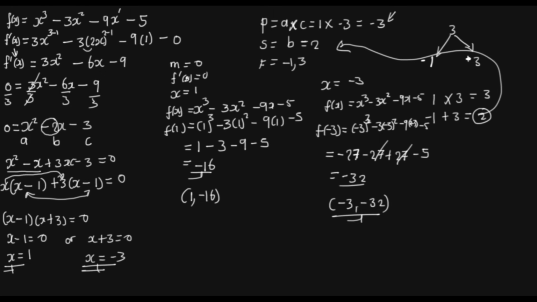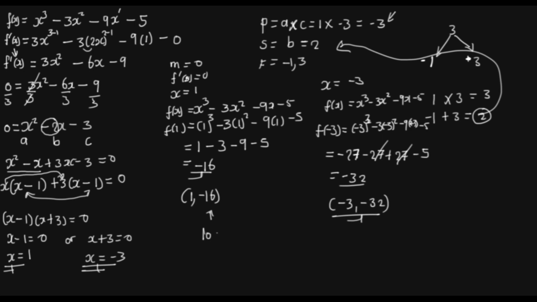Now, upon reaching this point, let's compare the two values. The first value is y equal to negative 16. The other pair has a value of y equal to negative 32. So among the two, the one with the greater y value is the local maximum.